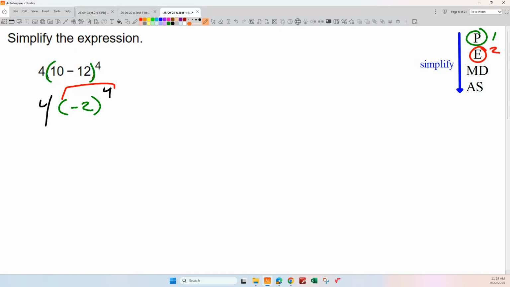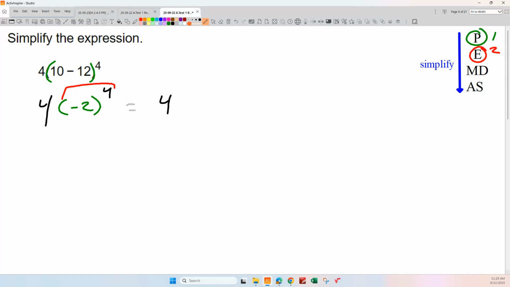Negative 2 times negative 2 is positive 4, times negative 2 is negative 8, times another negative 2 is positive 16. In general, remind me, a negative number to an even power is always positive. A negative number to an odd power is always negative. Good.